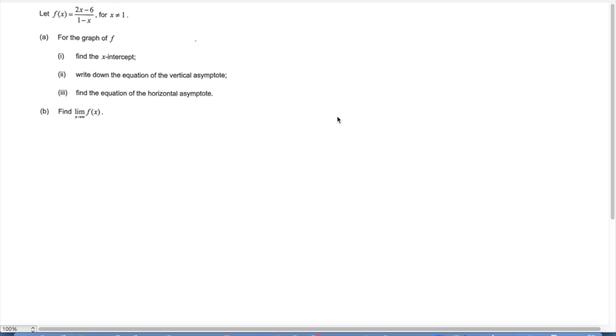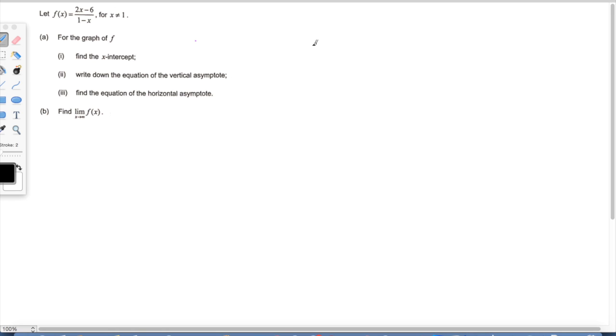So basically, you can put on the graph to see how the function looks, to give you a basic idea of how the function behaves, so that it can help you to tackle the questions in the exam. So let's look at the questions.